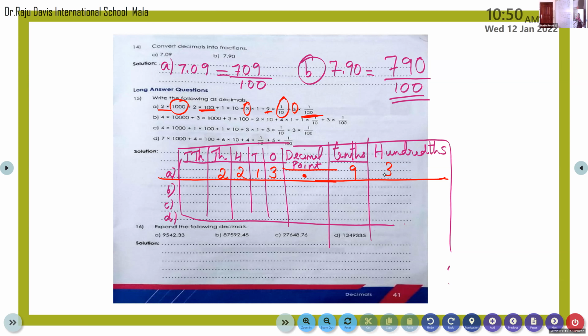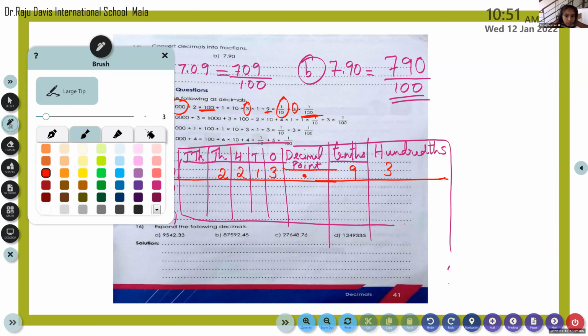Now look at question number B, C, and D. Do it now. Complete. Okay, Anna Grace, tell me question number B. 4,000. 4 into?